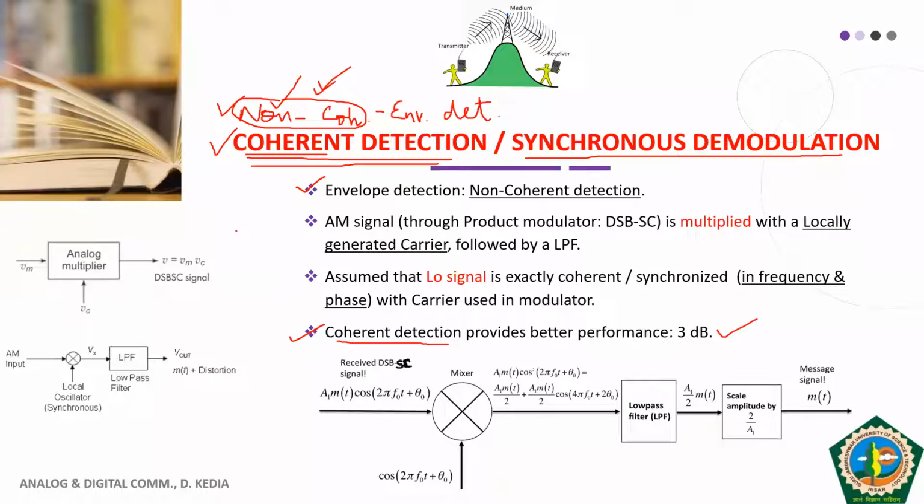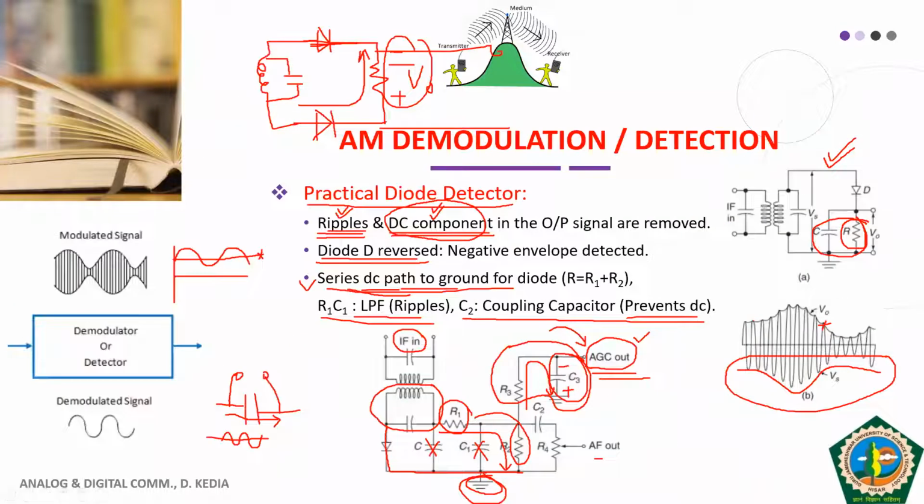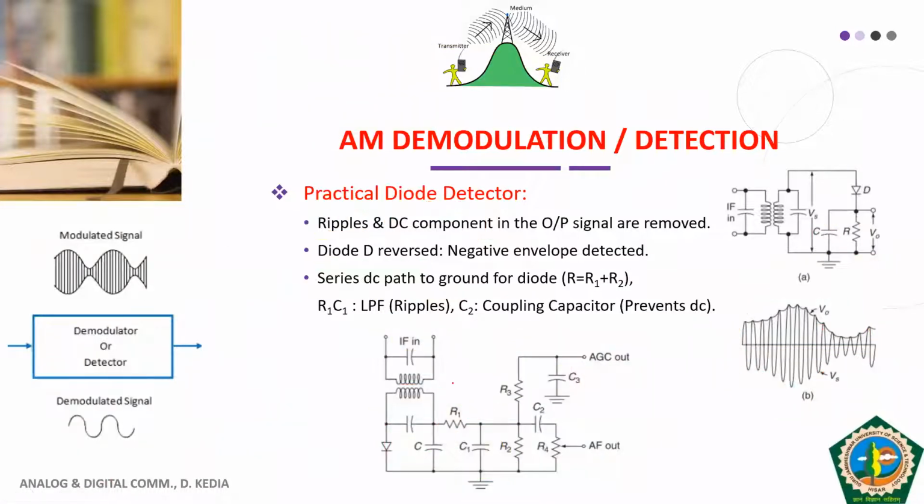So students, in coherent detection, what happens? We require a carrier signal to demodulate. If you look at the previous slide carefully, in the envelope detector, did we use a carrier anywhere in the circuit?